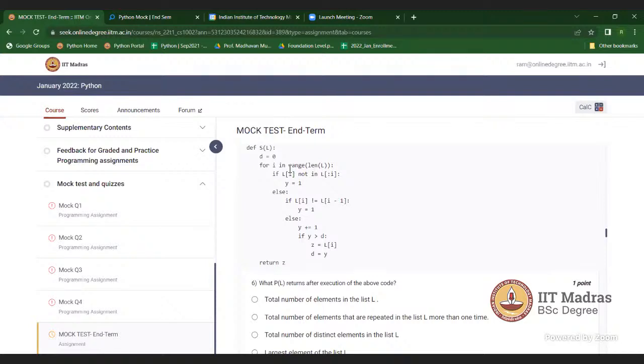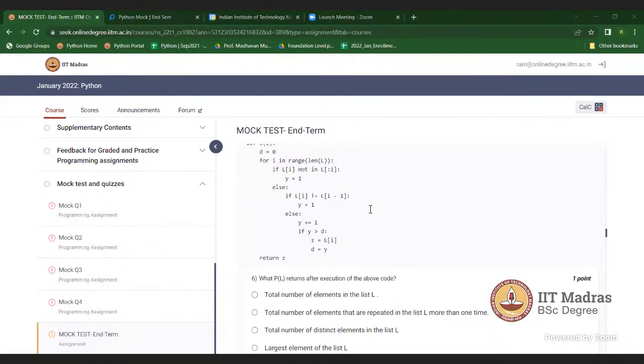But when it comes to 1, if they are equal, then y is incremented. We are not checking just one element; we are looping over the entire list of elements.